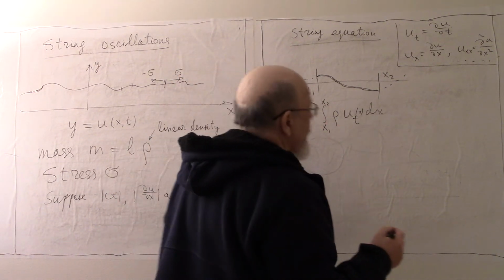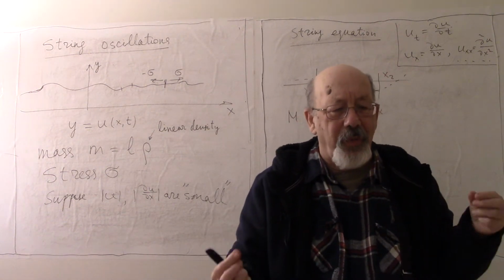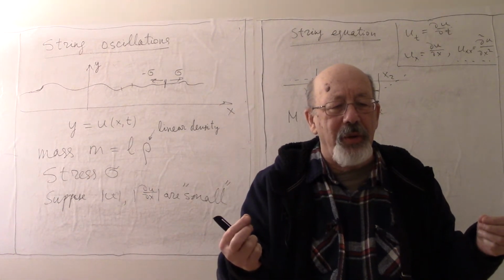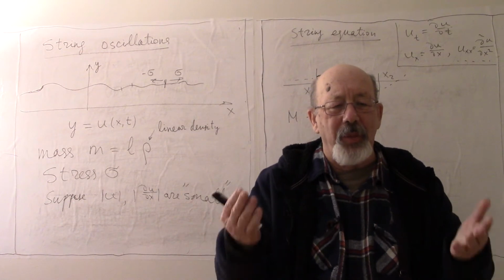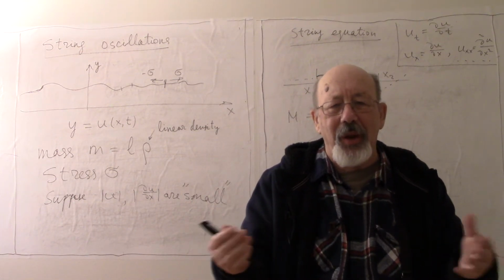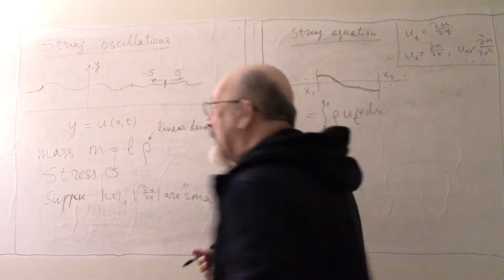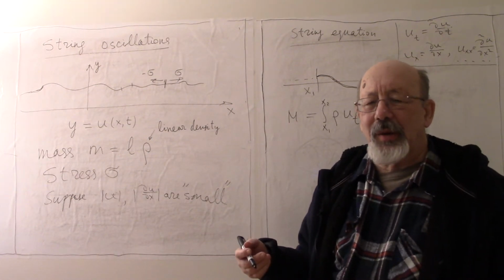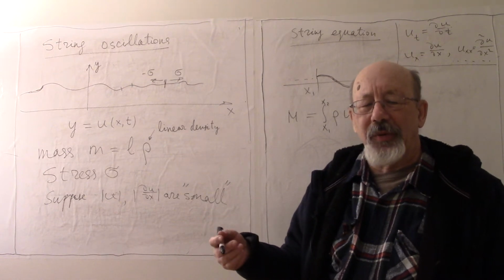Now momentum is changed if some forces are applied to the body. Momentum of any body changes under the influence of some forces, and Newton's second law says that the rate of change of momentum is equal to the sum of applied forces.